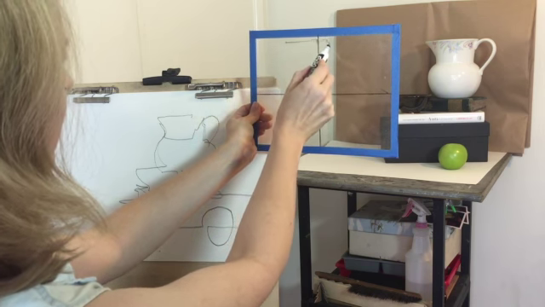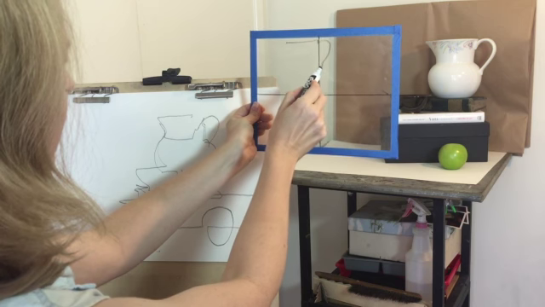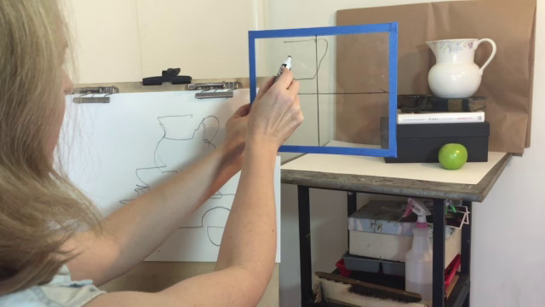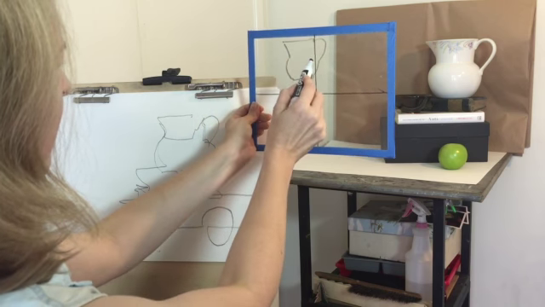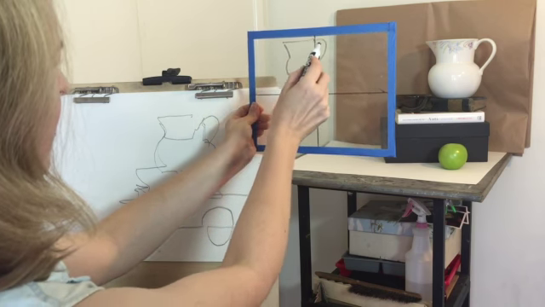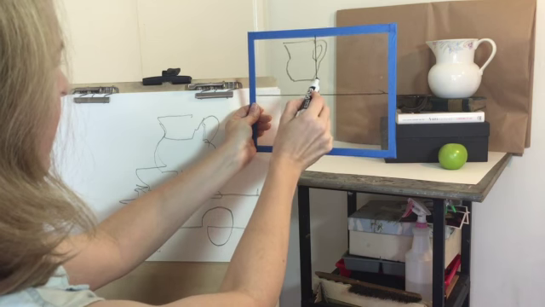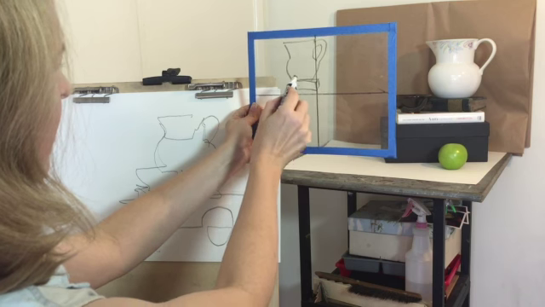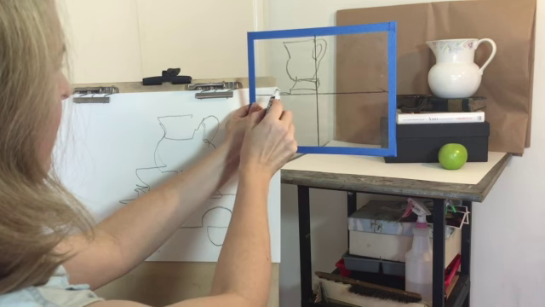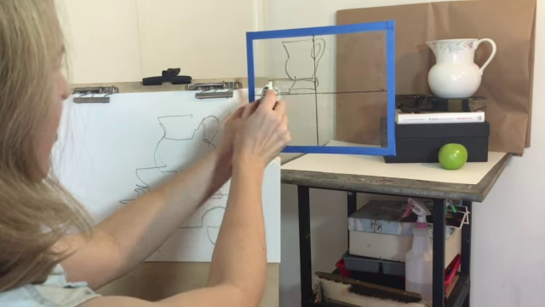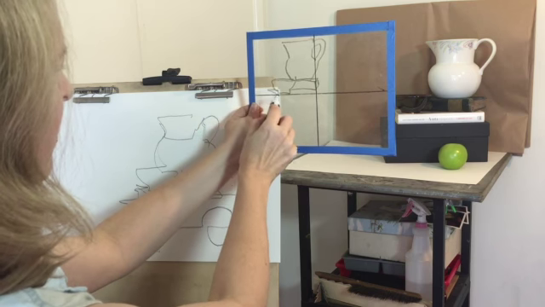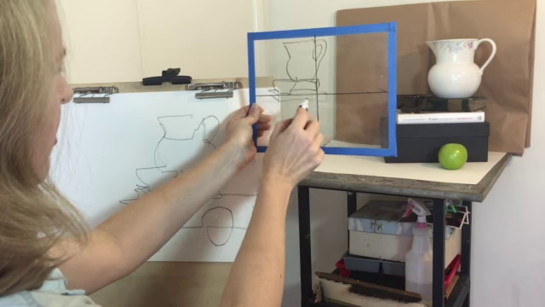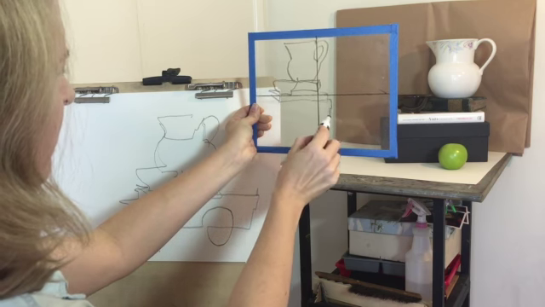I'm going to draw the still life onto my picture frame or plane here. And this is to give you an idea of proportion and placement of objects for when you're doing your freehand drawing.